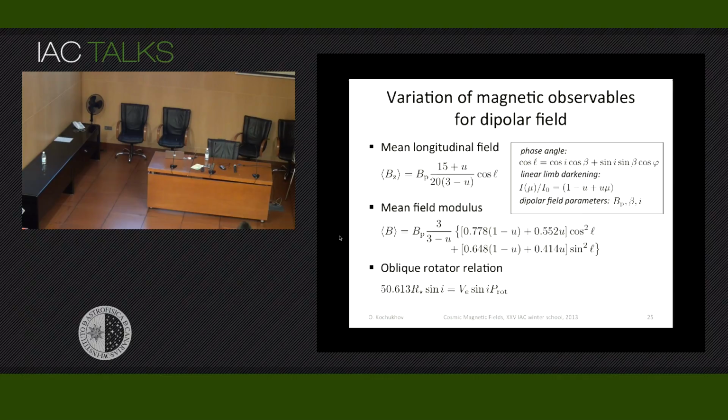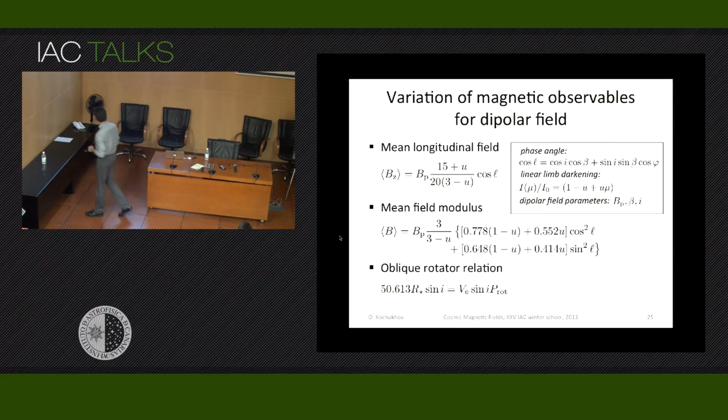So if somehow we know the radius of the star, and we might know that either from interferometry, or we can infer that from model atmosphere analysis, and we know rotational velocity that is measurable directly from line profiles, and period is also known usually, we can deduce sin I. We can deduce inclination angle.